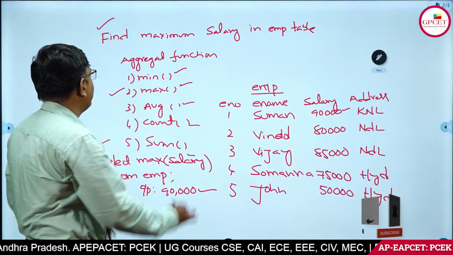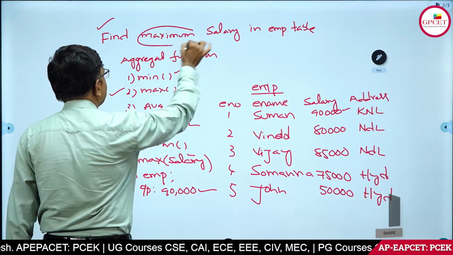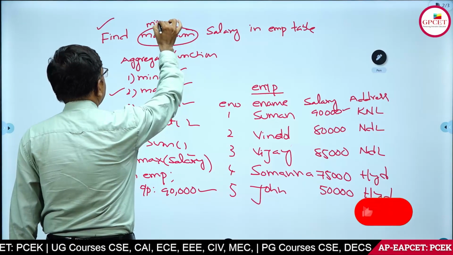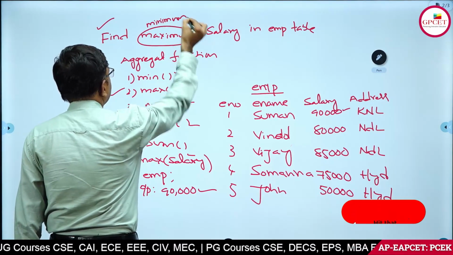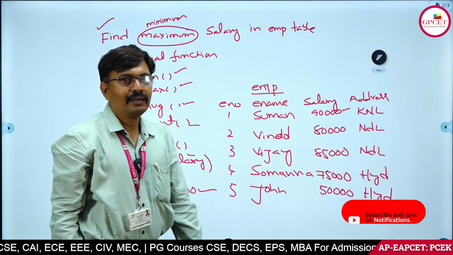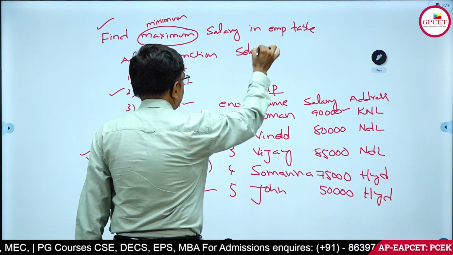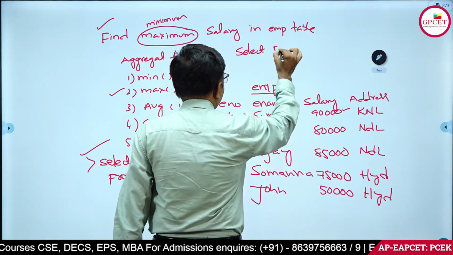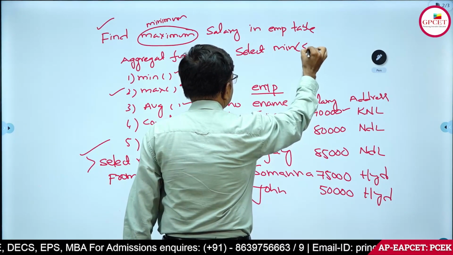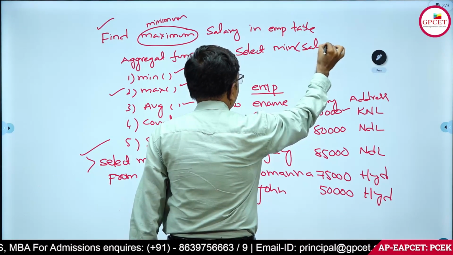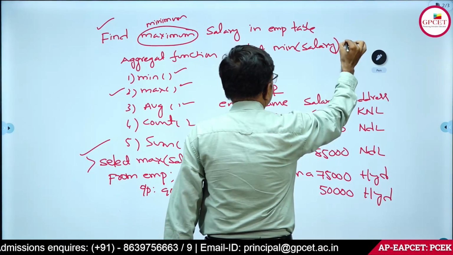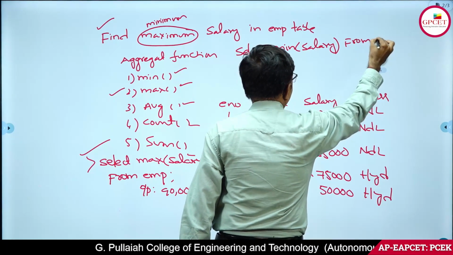Suppose we find the minimum salary instead. What is the syntax? Select min of salary from employee table.